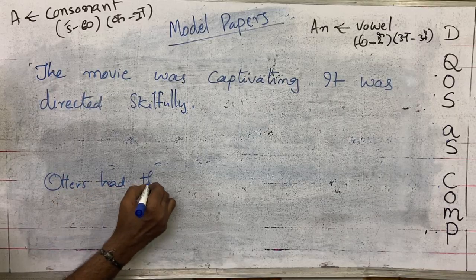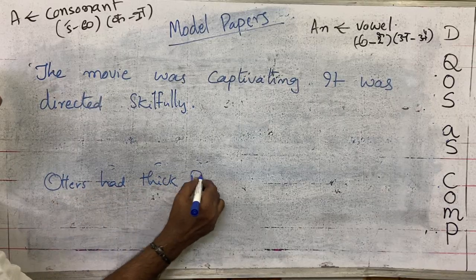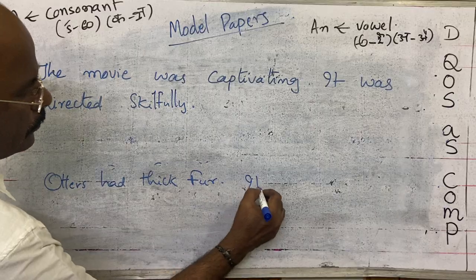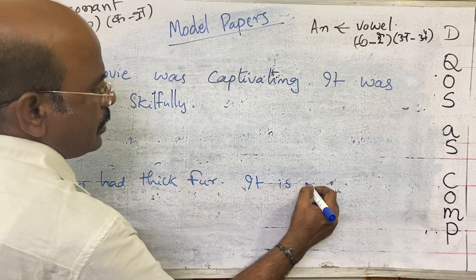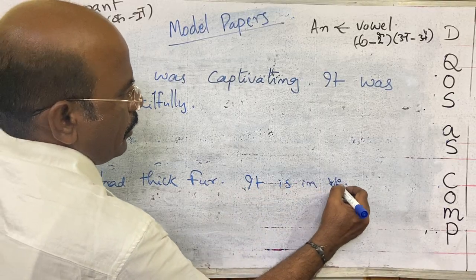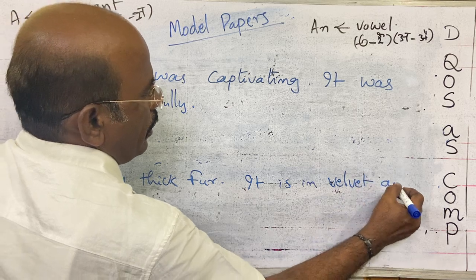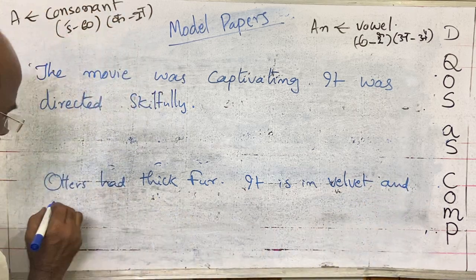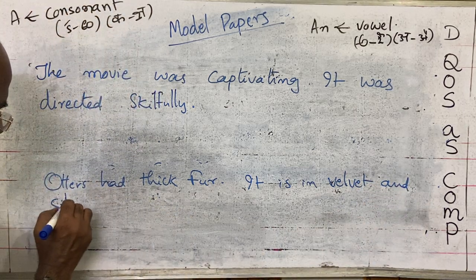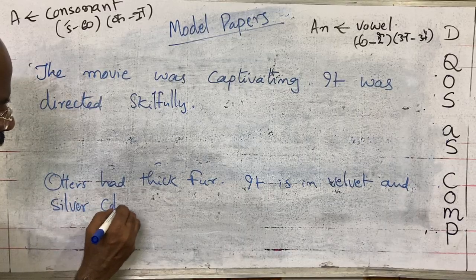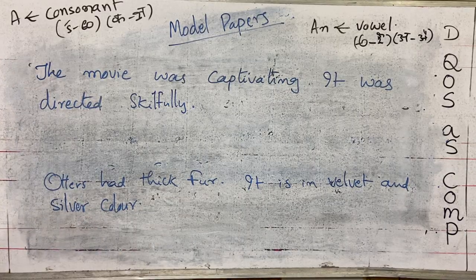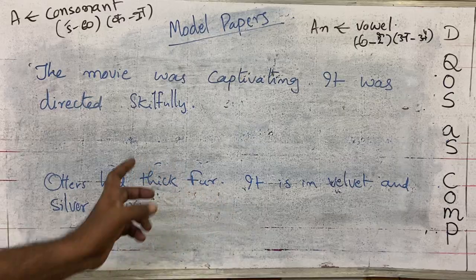Otters had thick fur. It is velvet and silver in color. Now you can take 5 seconds to answer.